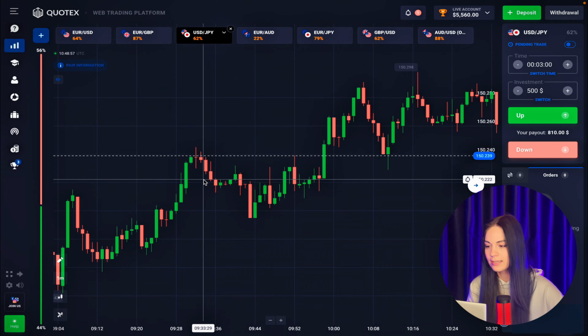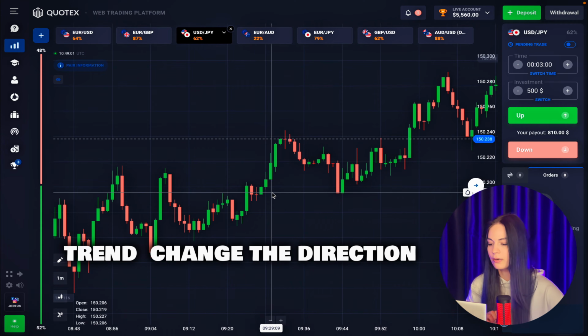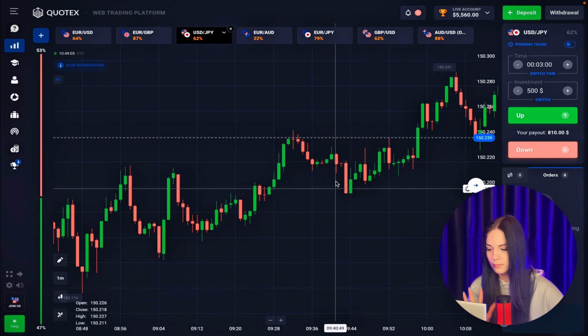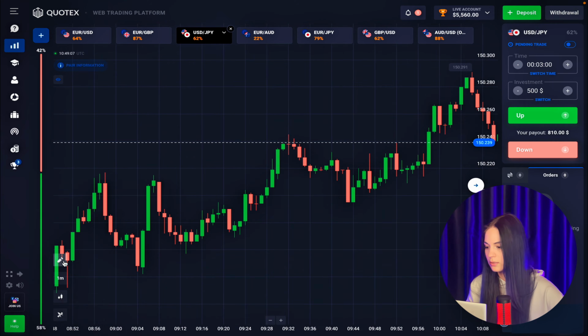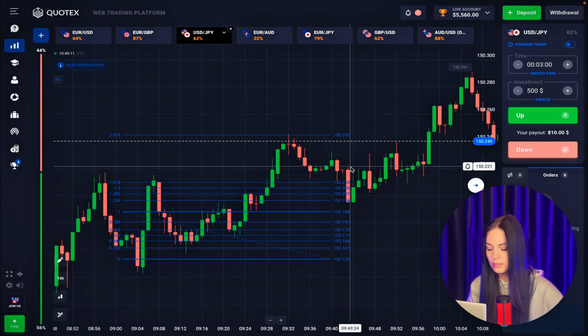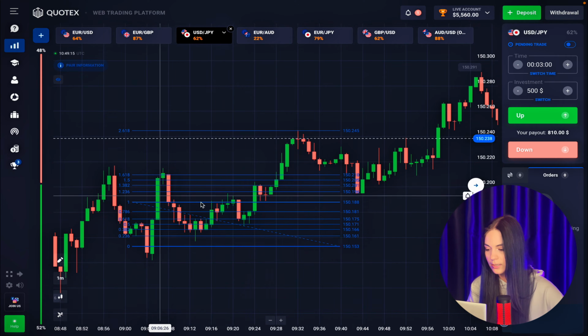And let's look at how it's going to work with an uptrend as well. The trend changed direction right here, and we're going to choose one of the pullbacks here. For example, this one, right? Yeah, let's take this one. Again, taking the Fibonacci retracement tool, but with an uptrend there is a little trick here.